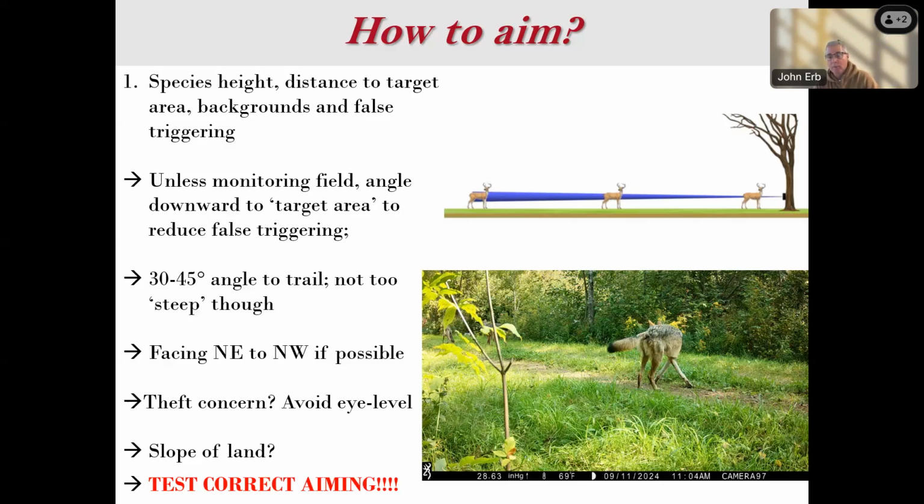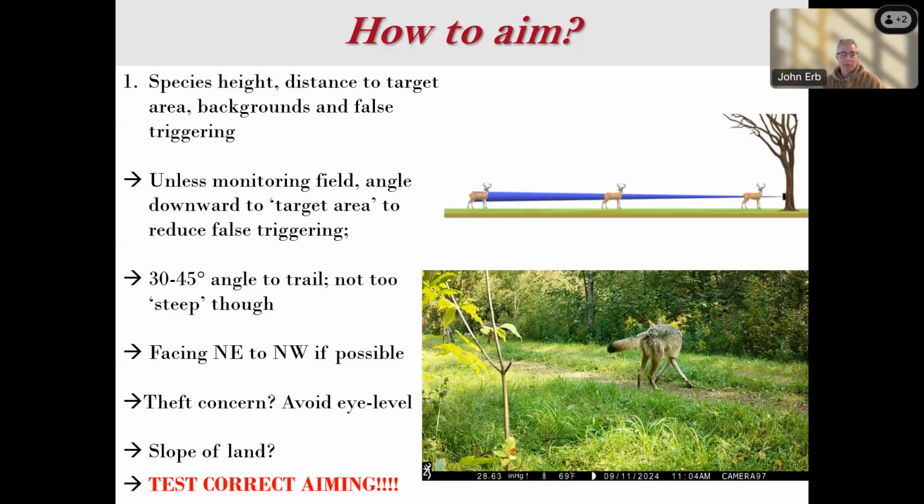If you had the camera pointed straight across the trail, it might not have triggered when the two faster moving wolves came through. This camera, pointed 45 degrees to the trail, actually got a picture of those other two wolves, even though it's the wolf in front that triggered it. So you can get a better field of view of the trail you're monitoring by having it at an angle, such that even if the first or last animals don't trigger it, you can still sometimes get pictures.